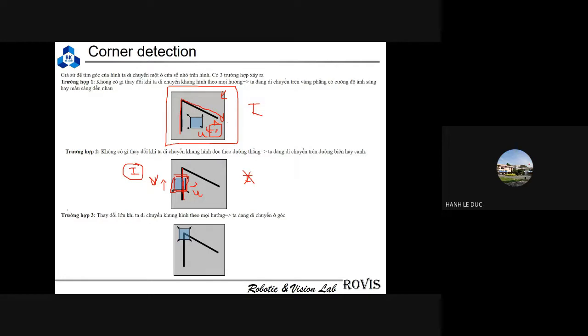In case 3, for example, I'm at this position. When I slide in any direction, the intensity inside the window will change. When I move in the U or V direction, the intensity changes, so I know that I'm at the corner.